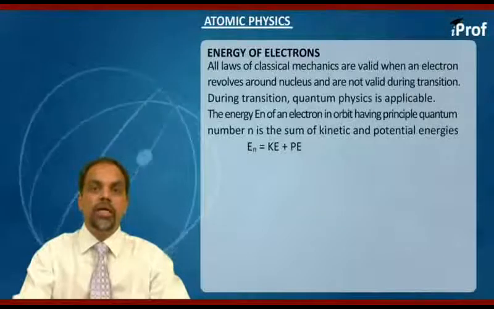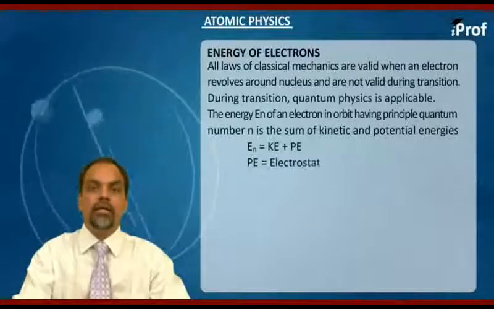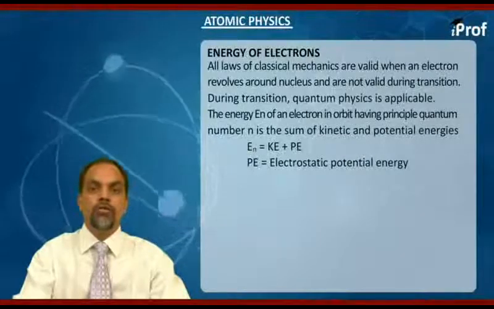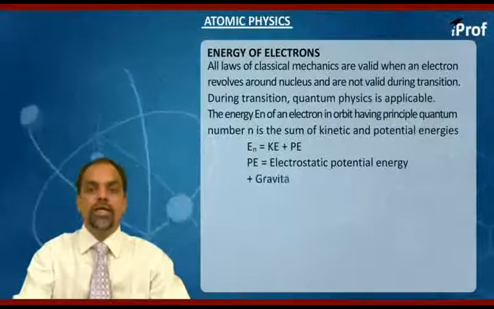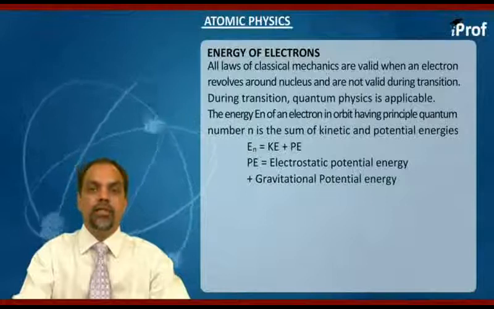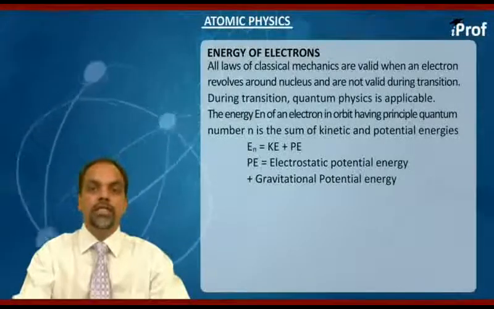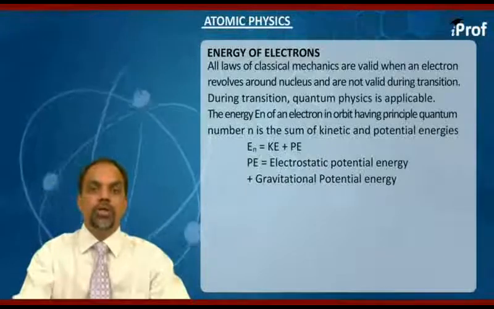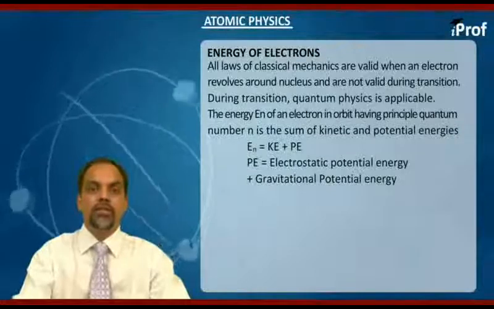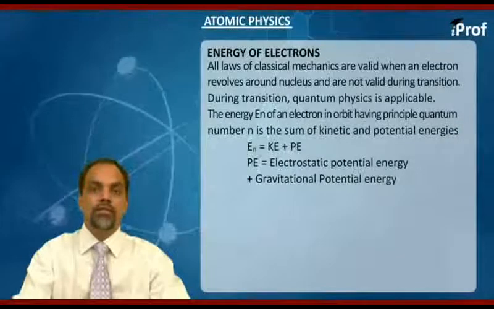So let's enter into the calculation of energy, and here the potential energy of the system. We'll be talking about two types of potential energy: one is the electrostatic potential energy and the other is the gravitational potential energy. We'll be ignoring gravitational potential energy because it is negligible compared to electrostatic potential energy.